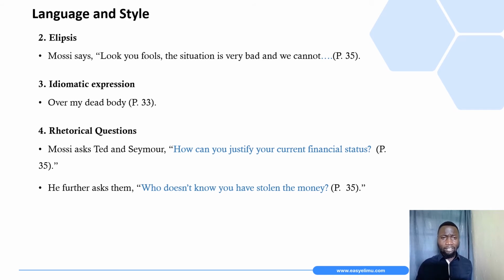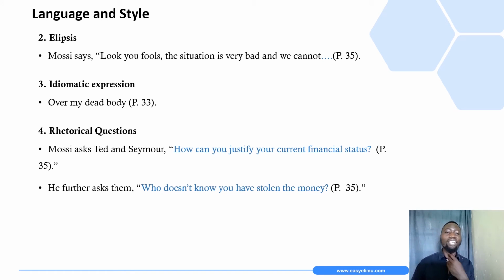So Moses says, look, you fools, the situation is very bad and we cannot. Then he fails to do what? We don't have the rest of whatever he was trying to put across. So that is shown by the use of the set of dots that you are seeing.